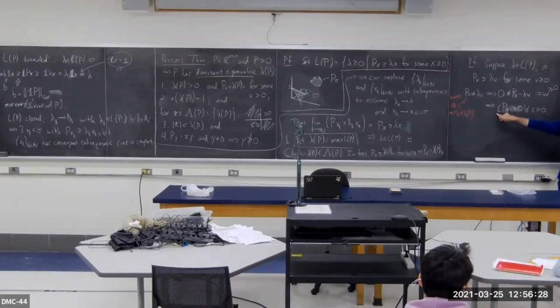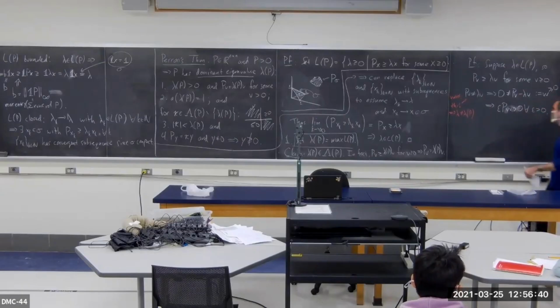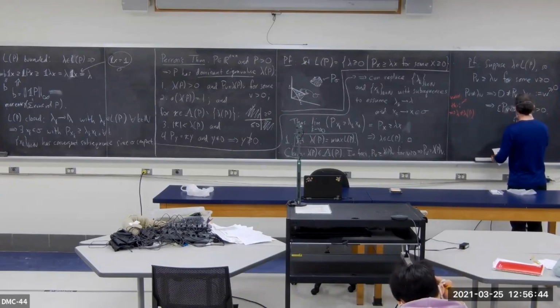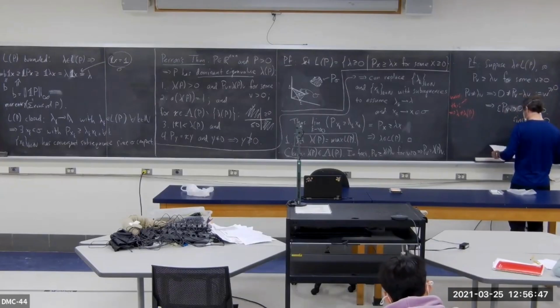Fair enough? Yeah. This whole thing is filled with details that line by line are very easy to verify. When you step back, you're like, how did you, what, huh? But every line is very easy to verify. Okay. And that's since P is strictly positive.